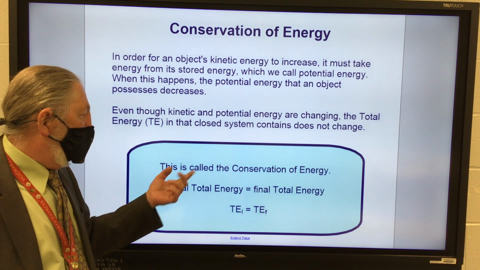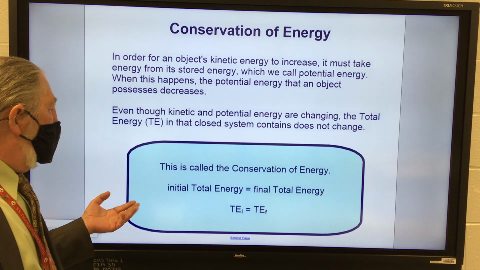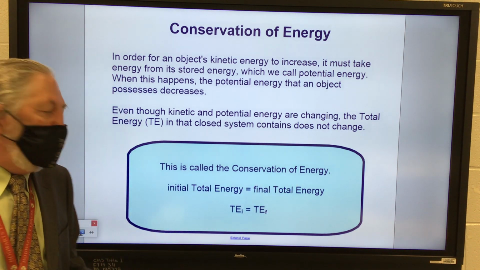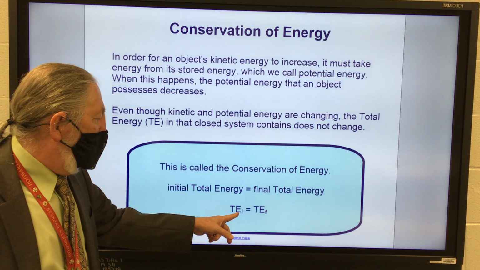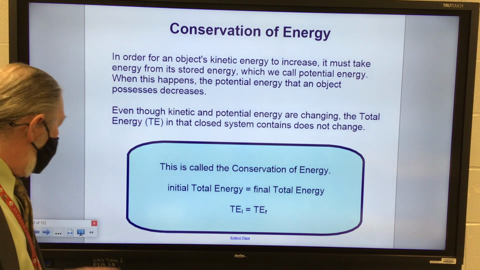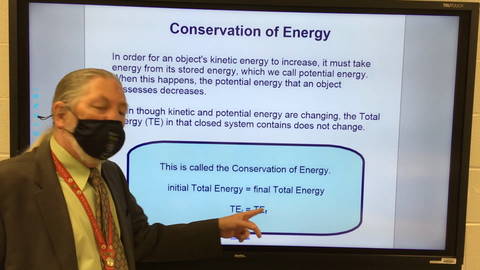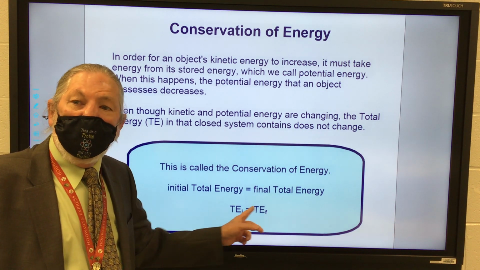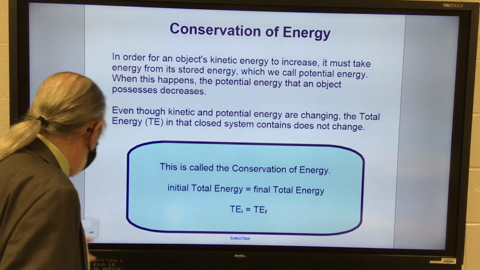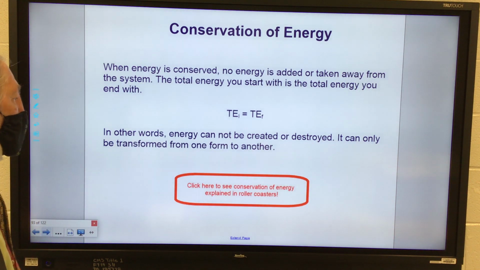This is called the conservation of energy. And then you have initial total energy and final total energy, TE little i and TE little f. So these equal each other. That means they just loop, essentially. All right, let's move on here.